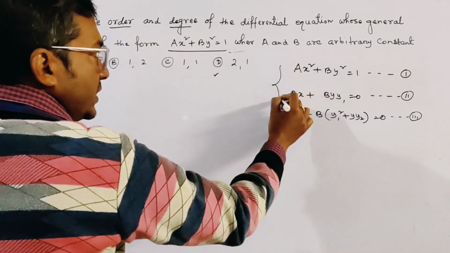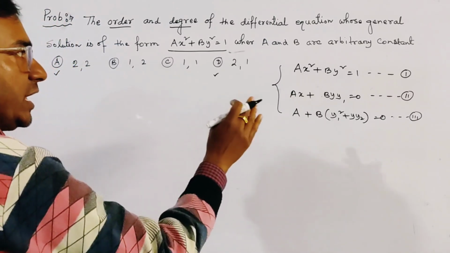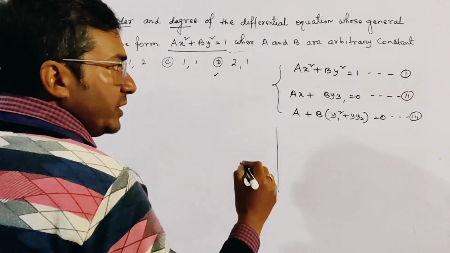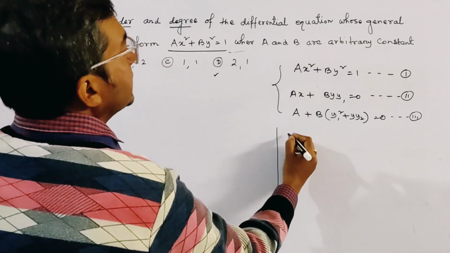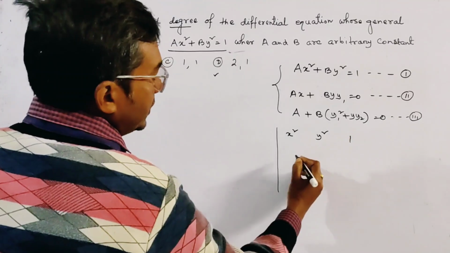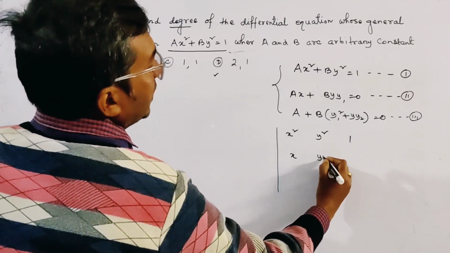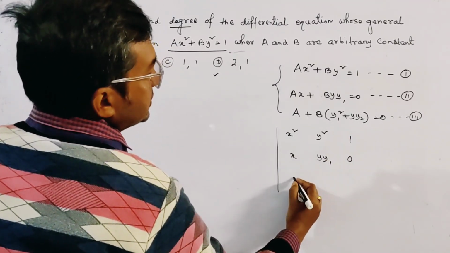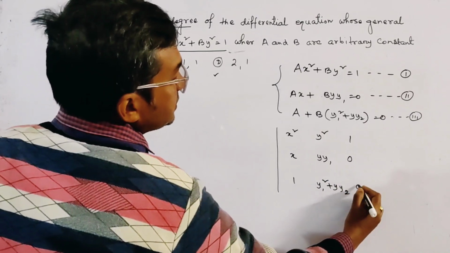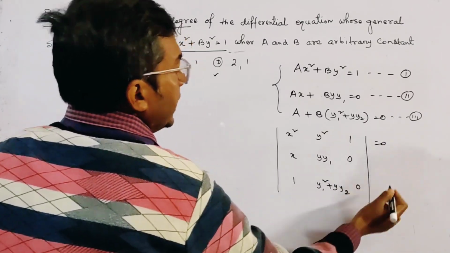Now, to get the differential equation, we eliminate a and b from 1, 2 and 3, very easily using a determinant. The rows are x², y², 1; x, y·y1, 0; 1, y1² + y·y2, 0.